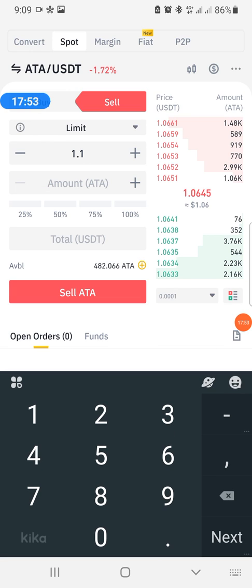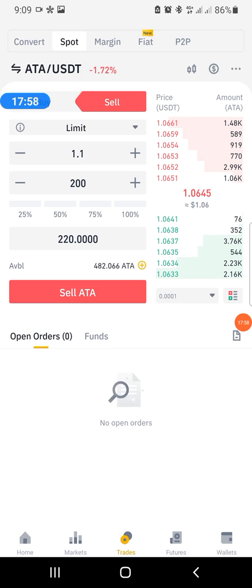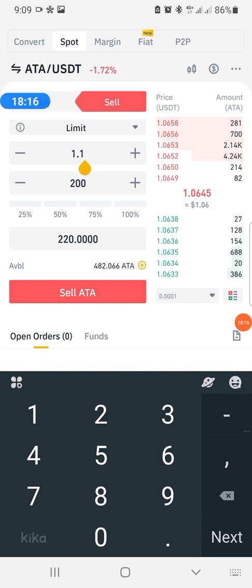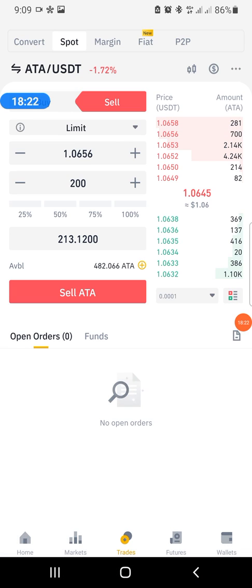I want to sell 200 worth of it. 200 will give me $220. Okay, let me use a price that will be visible here. I will select this price. Now I will click on sell.